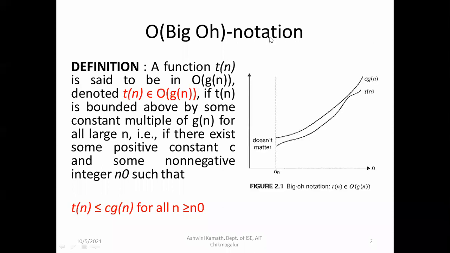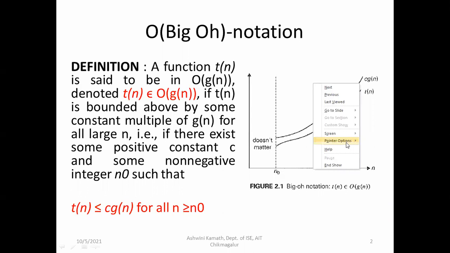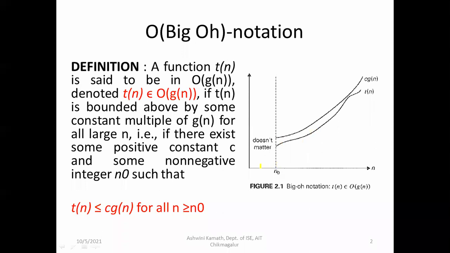This graph represents it. Here we have curves for c into g of n and t of n. Up to n naught, we cannot say whether it is greater than or equal to; up to n naught it doesn't matter.